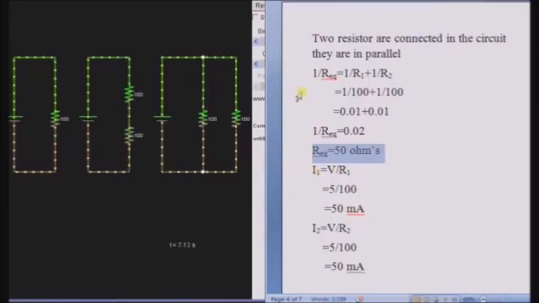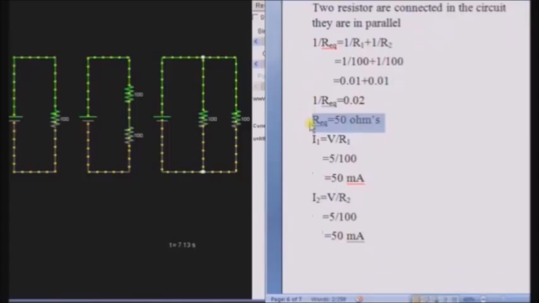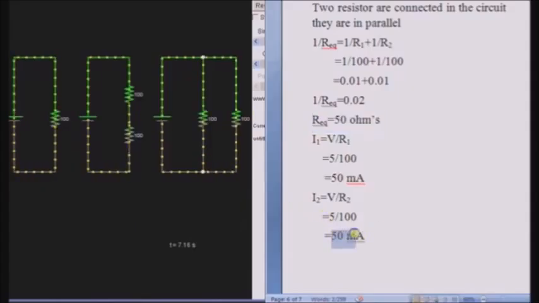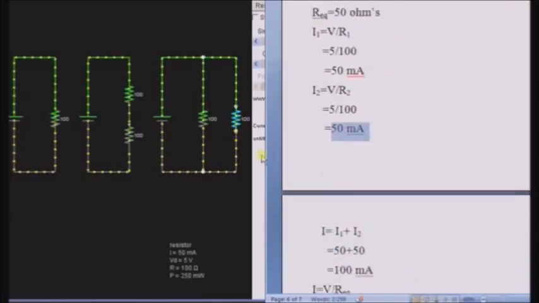As I said earlier, the current through each resistor differs, whereas the voltage is the same. So the current through resistor R1 is I1 equals V by R1, 5 by 100 equals 50 milliamps, and we are using the same resistor for R2, so we get 50 milliamps through R2 also.